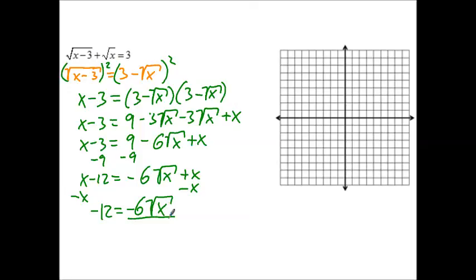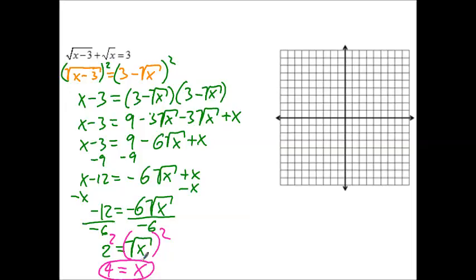Now let's divide by negative 6. 2 is equal to the square root of x. And now we're going to raise this to the power of 2 one more time, which means 4 is equal to x. So that is the solution we get algebraically.